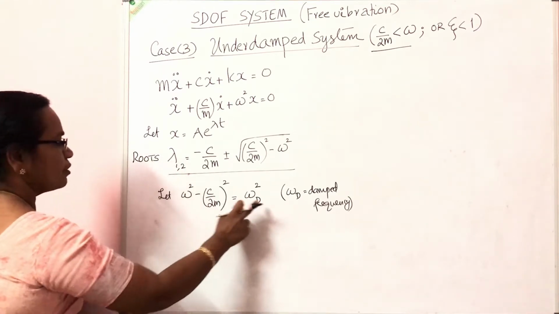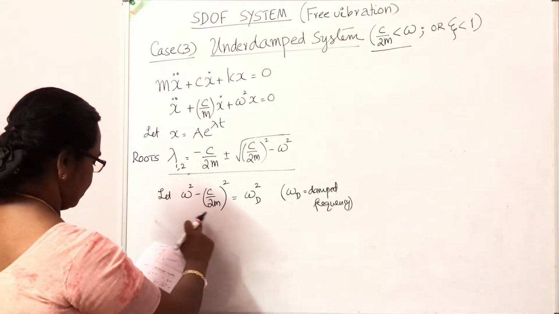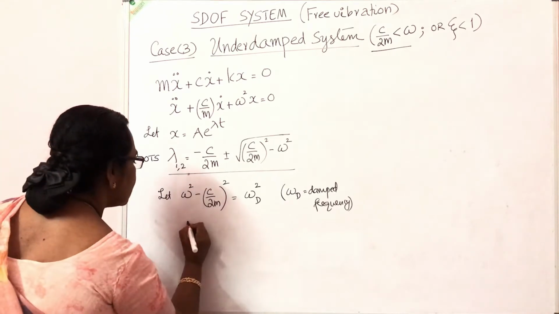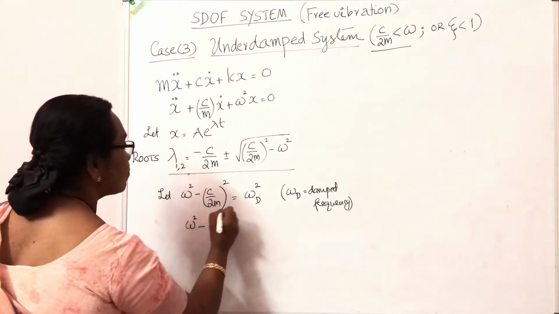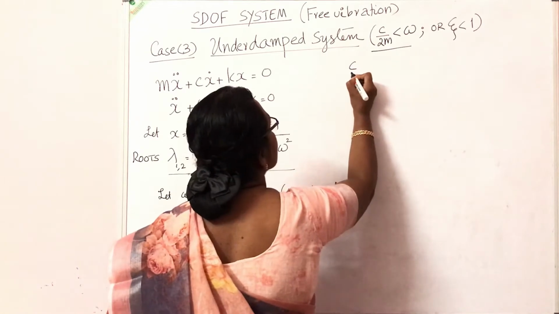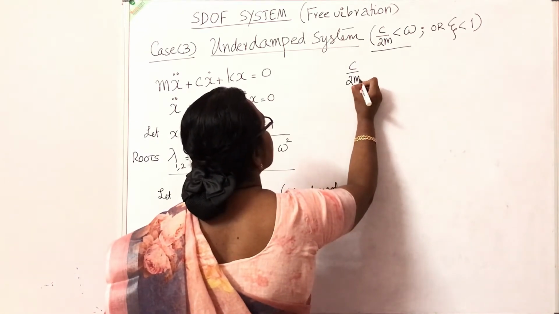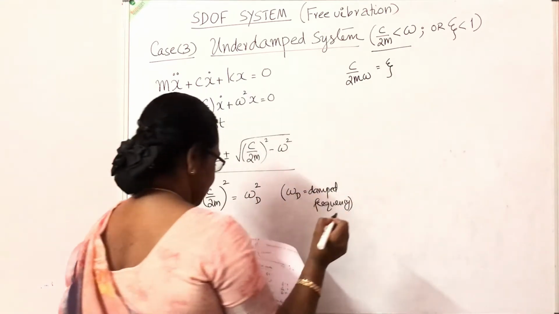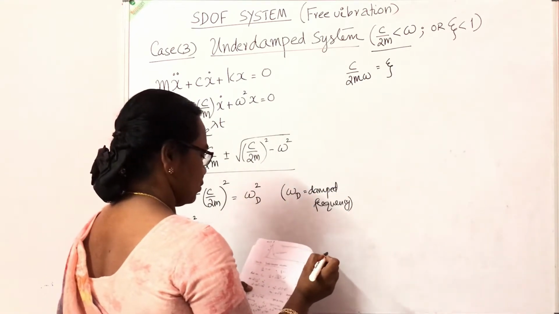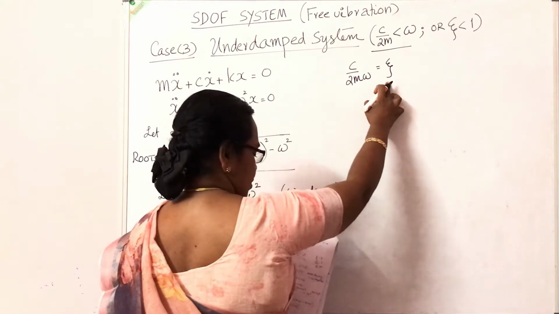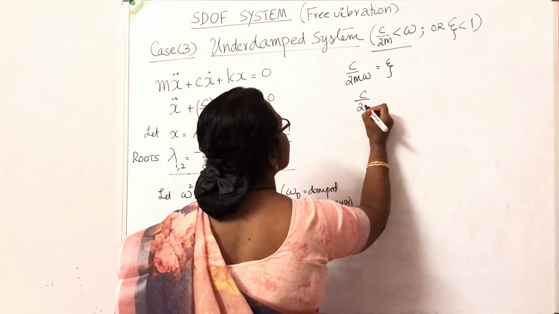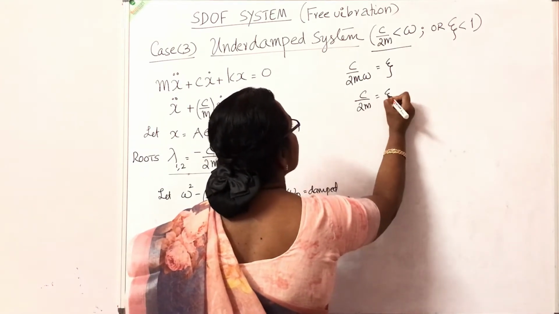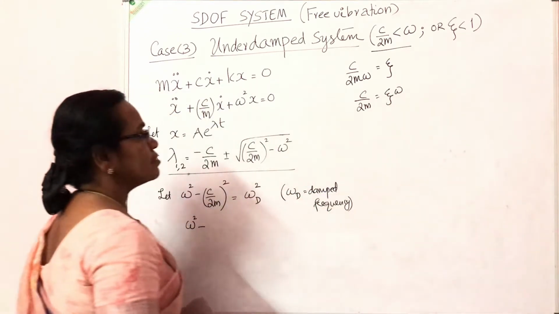So omega d I have defined like this, or we can rewrite it like this: omega square minus (c by 2m) the whole square. c by 2m omega is the damping ratio, so c by 2m in terms of the damping ratio is psi omega.